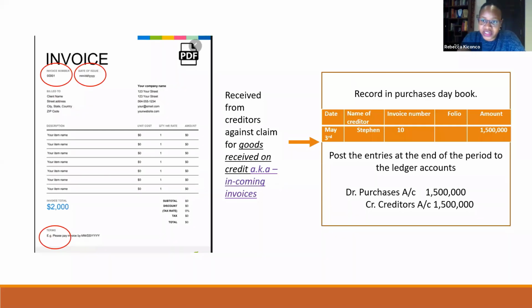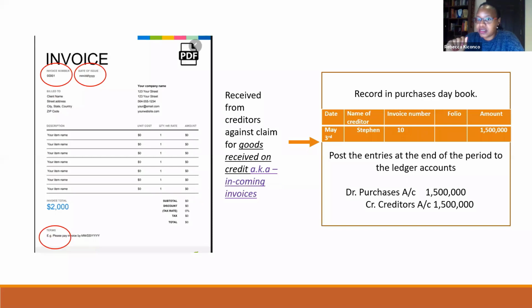So this is what a purchases invoice looks like, and we check for all those qualities that we need. You remember the name of the company, the number, the date, the description, the amount, and so forth. When we get purchases, or we receive purchases on credit, or buy stock or buy goods on credit, we record this in what we call the purchases day book, also known as the purchases journal.